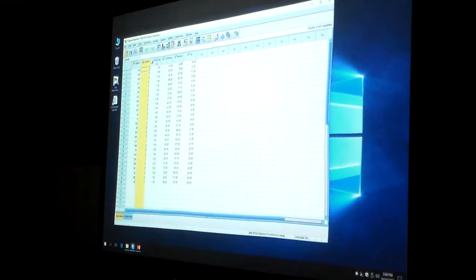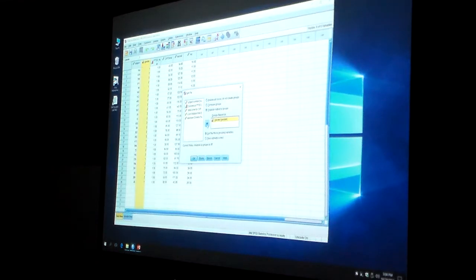So first I'm going to go to Data, Split File. I want to organize groups by output, and the group I want to organize by is gender.